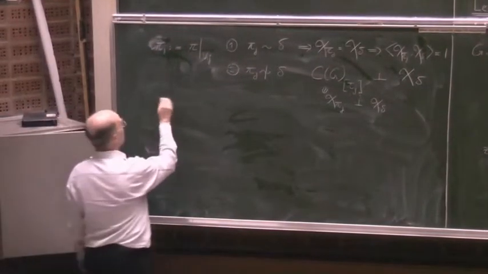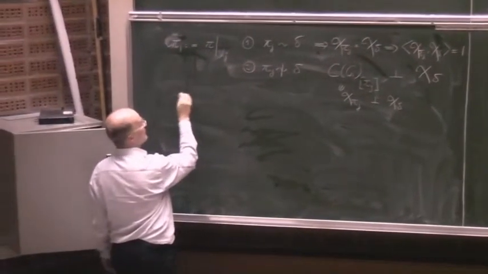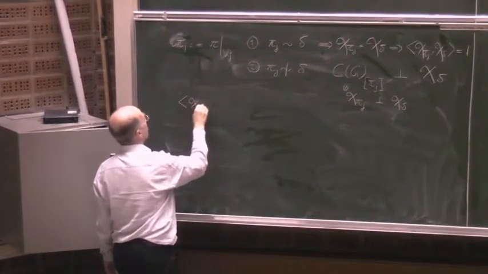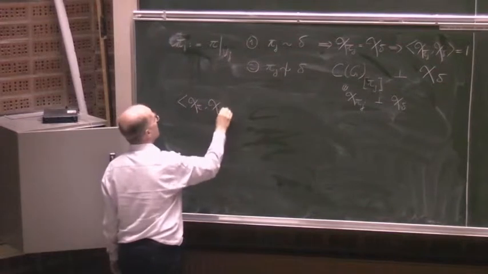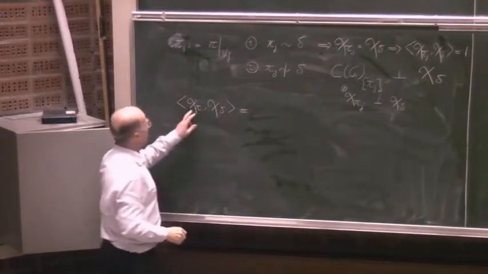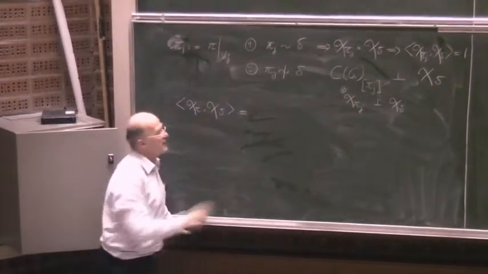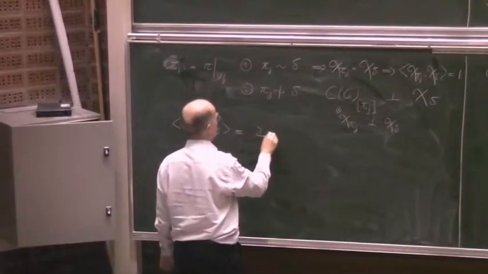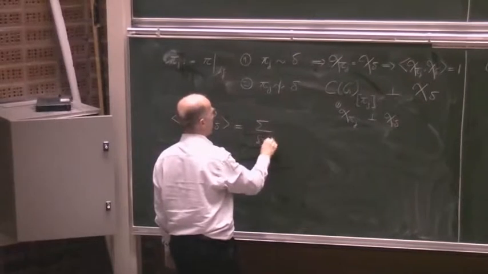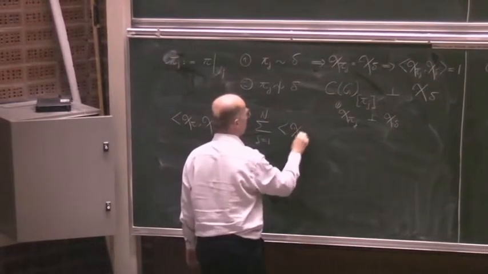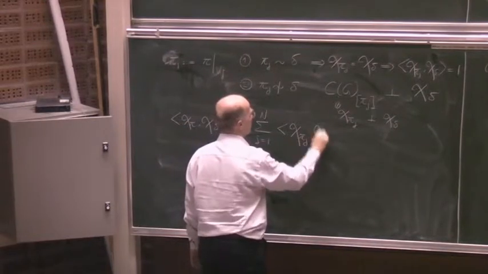So what we see is that the inner product of chi pi with chi delta, this character splits as the sum of the characters of the pi j's, so this is the sum from j is 1 to n. And then by linearity of the inner product, we take these inner products.